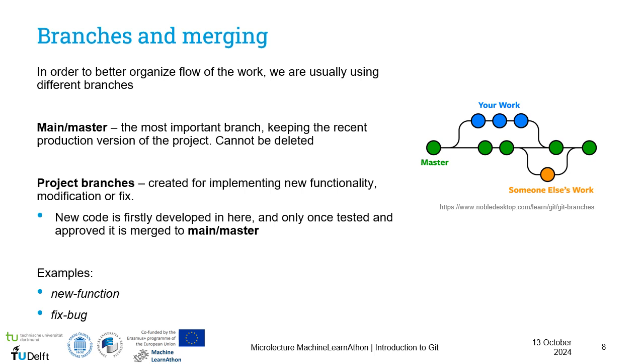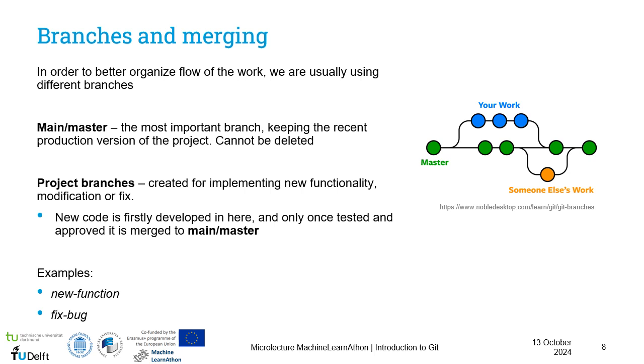Branches are useful for organizing project flow and collaboration. There are two types of branches. Main or master is used to keep the most updated production version, and it cannot be deleted. However, when we're developing a new feature, new functionality, we don't want to work directly on master because we might destroy something or we might lose part of the code.